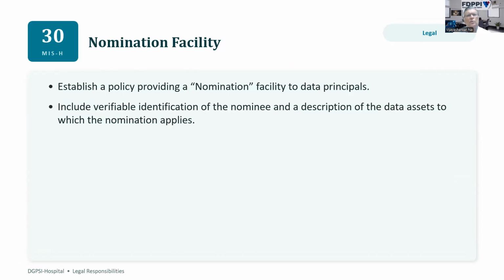Nomination facility is also part of the rights management.